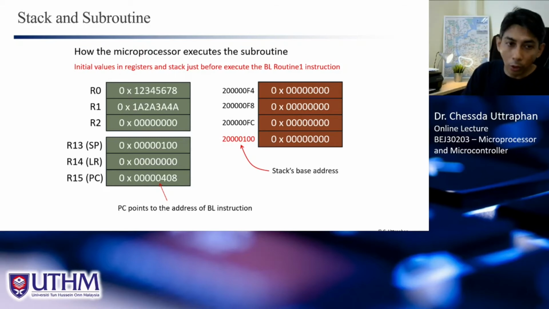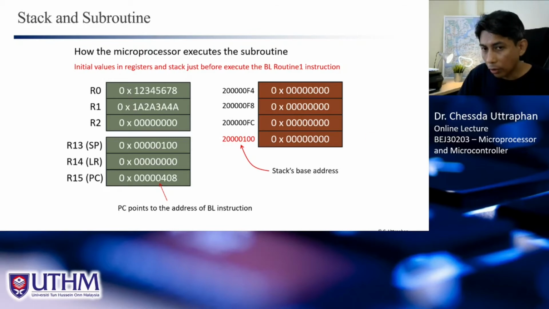But when you call the subroutine, because the subroutine is not in the sequence of the main program, it is located somewhere else in your memory. So the PC needs to change the sequence. It does not count in sequence anymore. It needs to jump to another location in the memory.